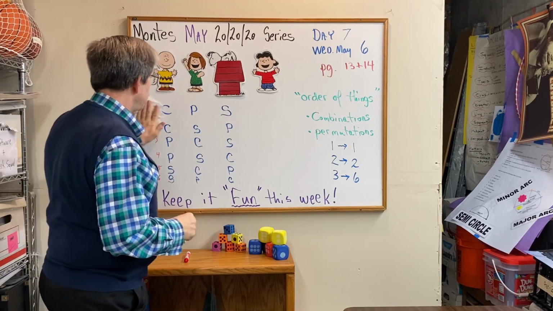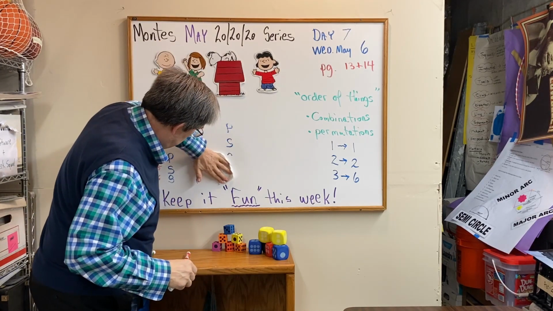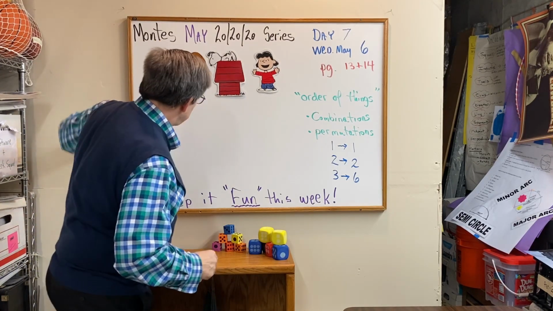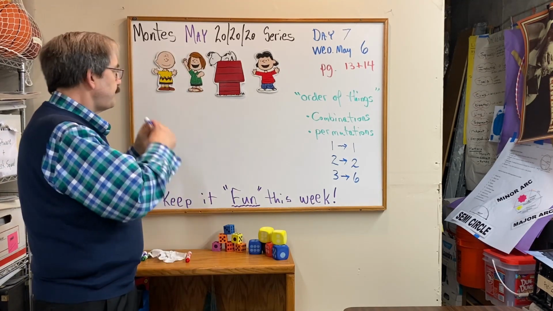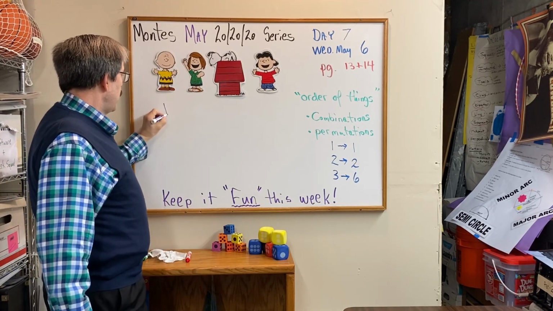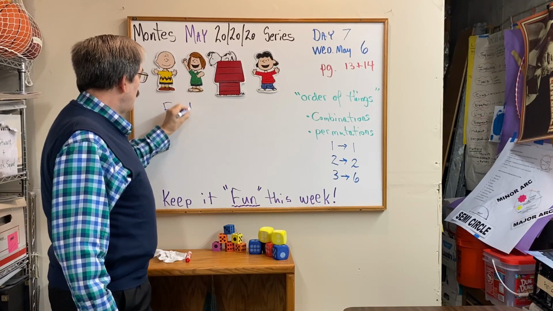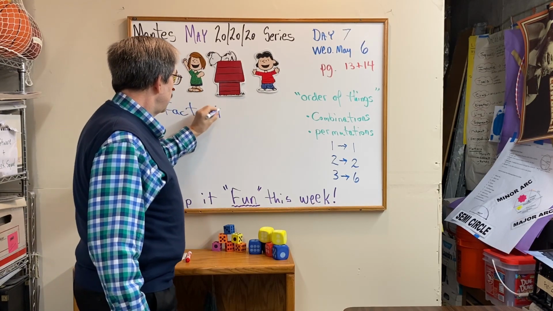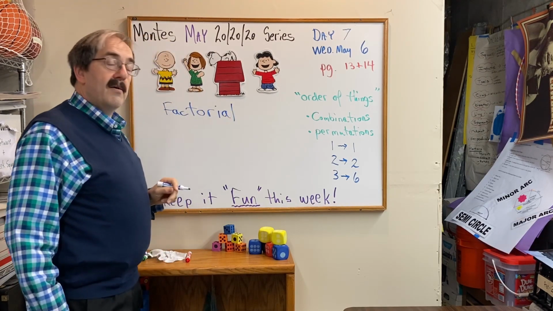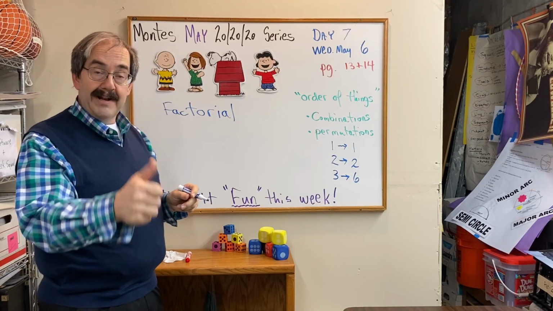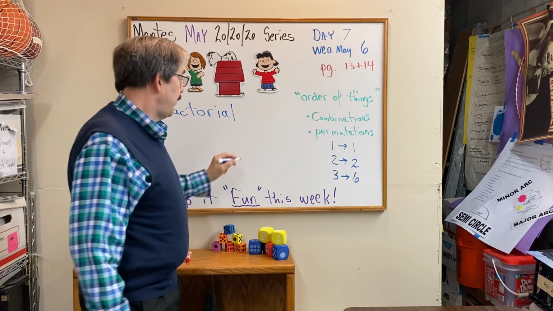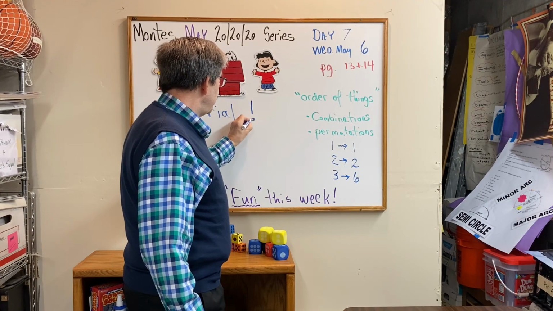So on our note page, I want you to write down the word factorial. It's an actual button. It's an actual operation in math, and it's an exclamation point.